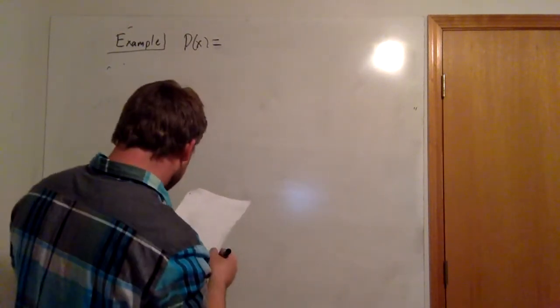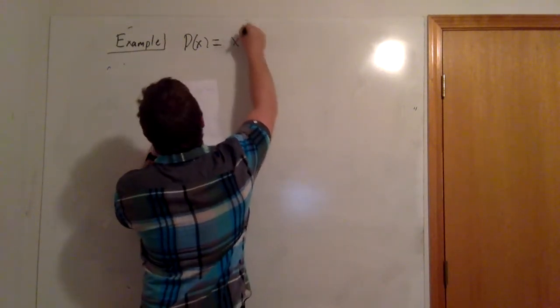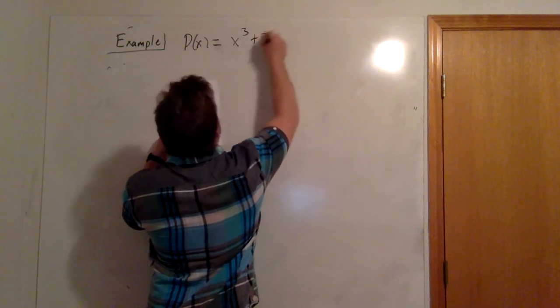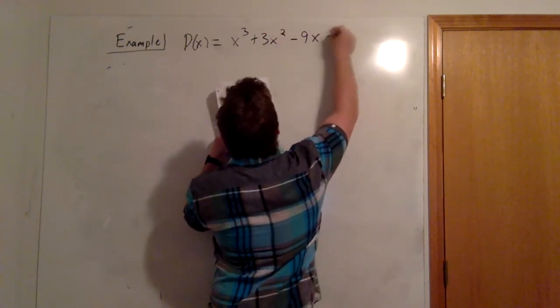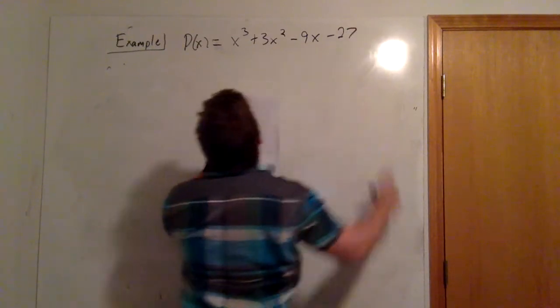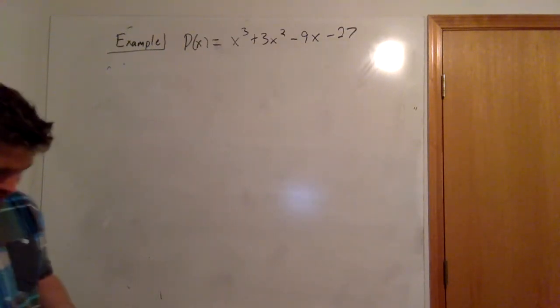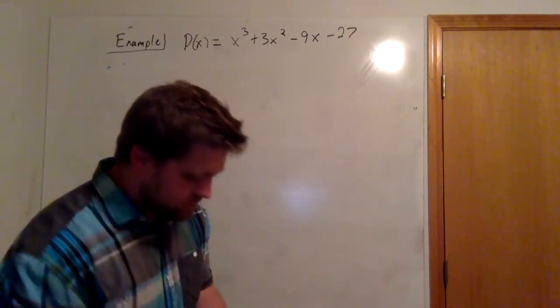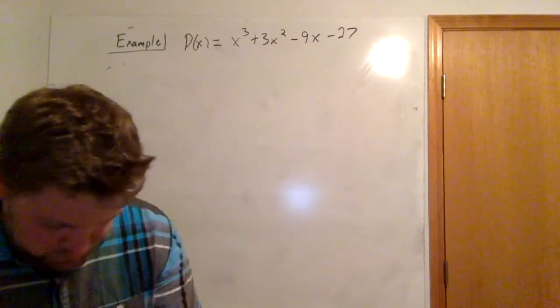Okay, as our next example, let's say we have x cubed plus 3x squared minus 9x minus 27. Let's first try to find the roots of this polynomial.